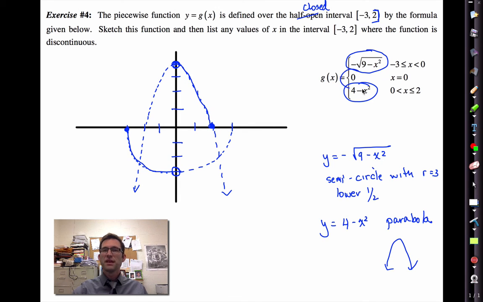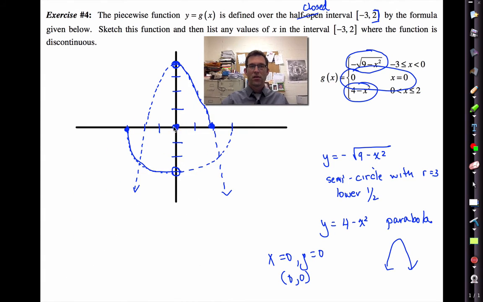And then what is this? Well, this is really cool. This just says when x is 0, y is 0. So all that is the point 0, 0. All right, there it is. And again, this graph is discontinuous at x equals 0.